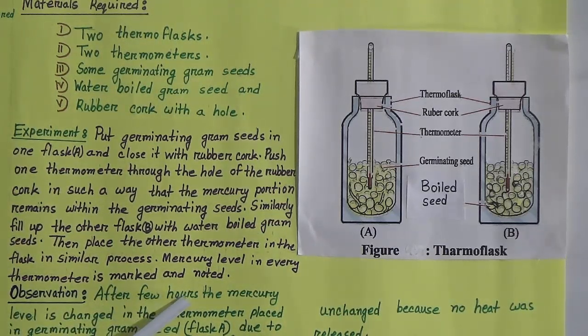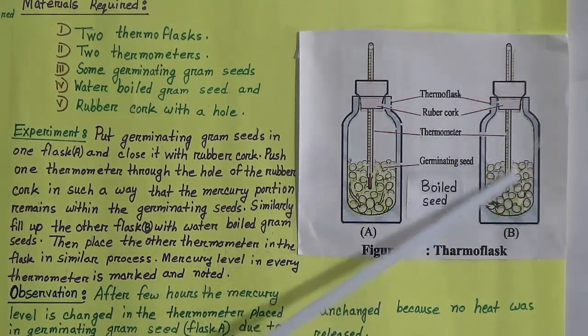After a few hours, the mercury level is changed in the thermometer placed in germinating gram seed flask A due to release of heat. But in the other flask B, the mercury level in the thermometer remained unchanged because no heat was released here.